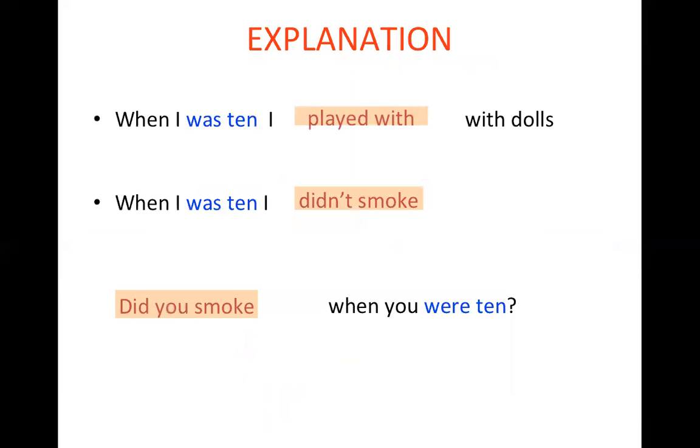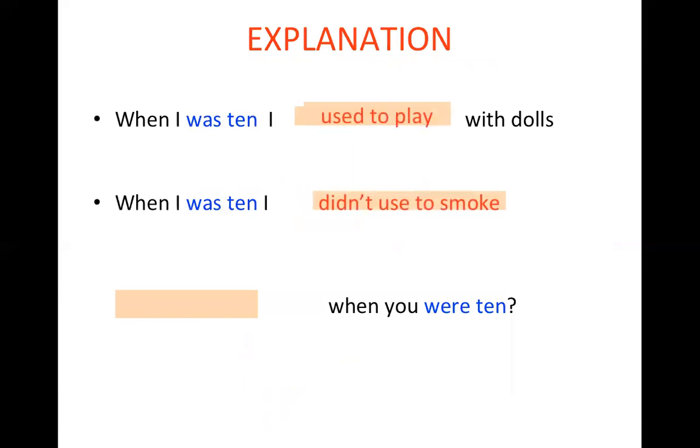When I was 10, I played with dolls. We can change this to: when I was 10, I used to play with dolls. Or when I was 10, I didn't use to smoke. Or we can say, did you use to smoke when you were 10? So look how you can change the past.